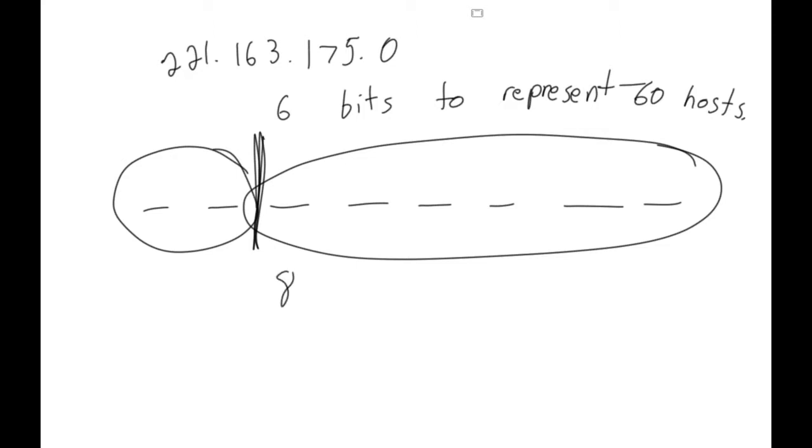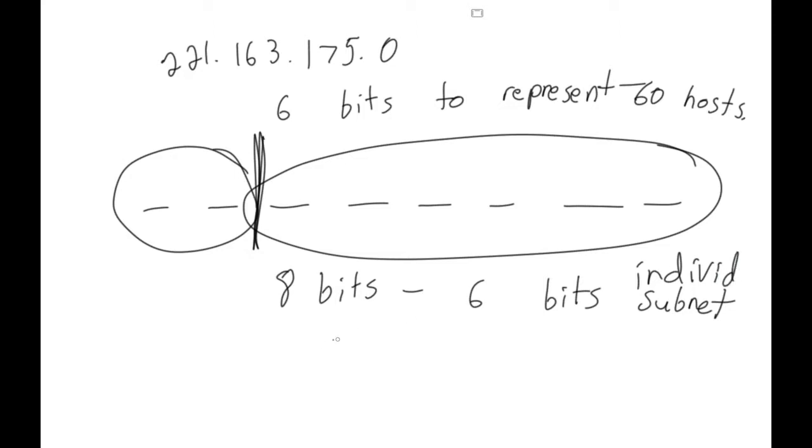Well, I know I have 8 bits total, and minus 6 bits for the individual host, that means I have 2 bits remaining for my subnet.